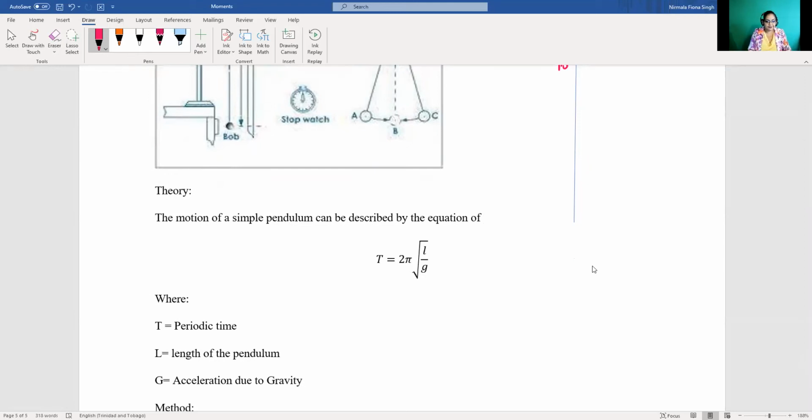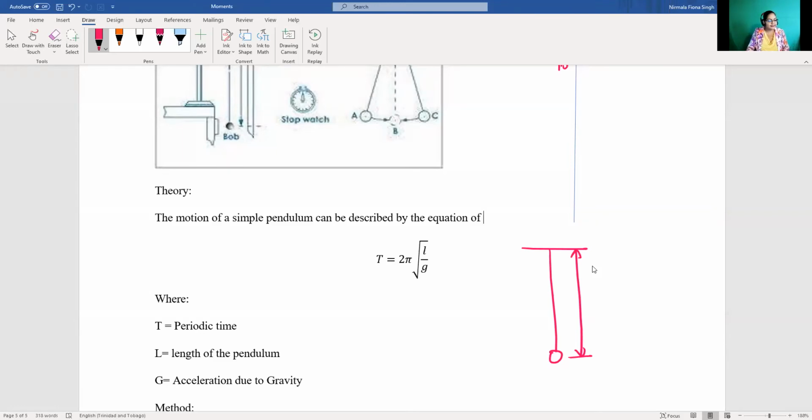Remember the length of your pendulum: you are taking the distance from where you hang your pendulum to the estimated middle of your bob, whatever your bob is. As I said, I just use plasticine on the end of a big cord, which is too big. So we have our periodic time, the length of our pendulum, and g is the acceleration due to gravity.